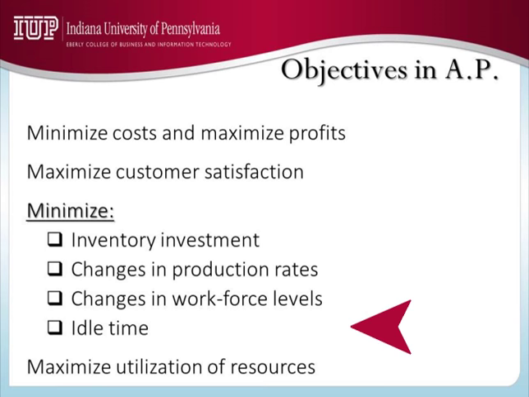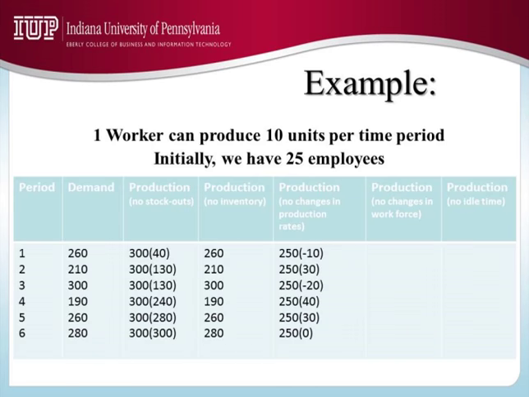Let us look at this simple example here. We have the same aggregate planning objectives. I will demonstrate to you how they are conflicting in nature. In this example, you have one worker who can produce 10 units per time period. Initially, we have 25 employees.